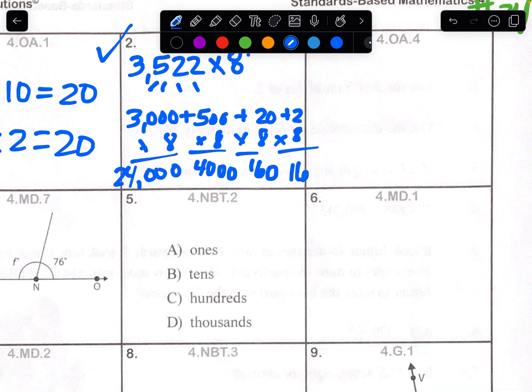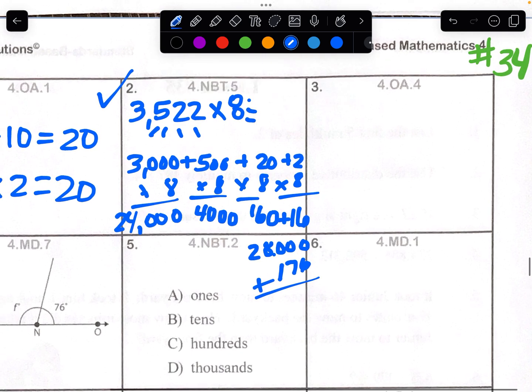So I see this is 4,000 and 4,000, so it's going to be 28,000. And then I'm going to add 160 plus 16, and that will give me 176. So the product here is 28,176.